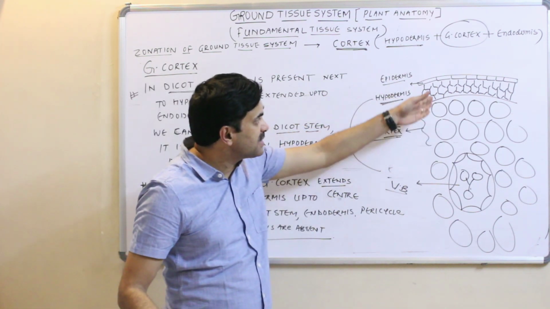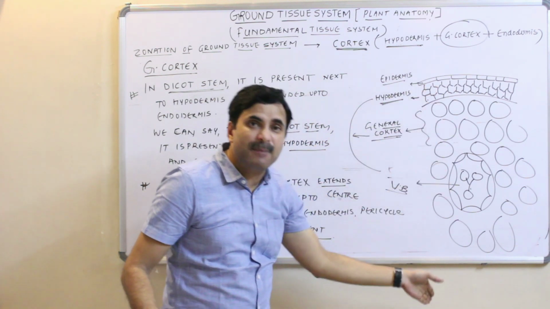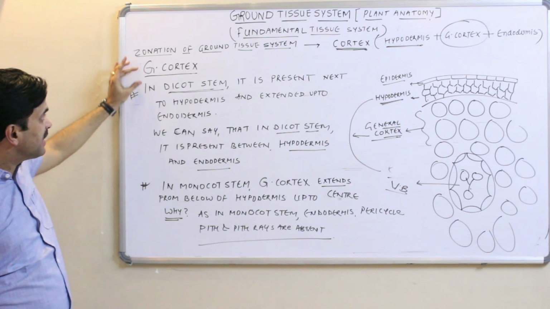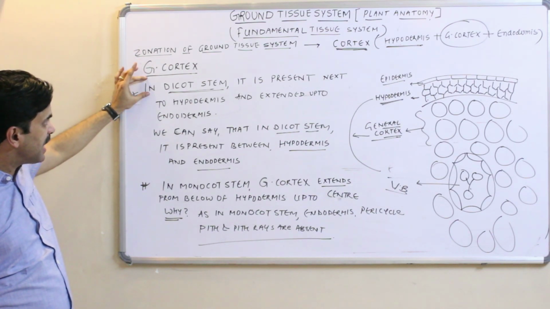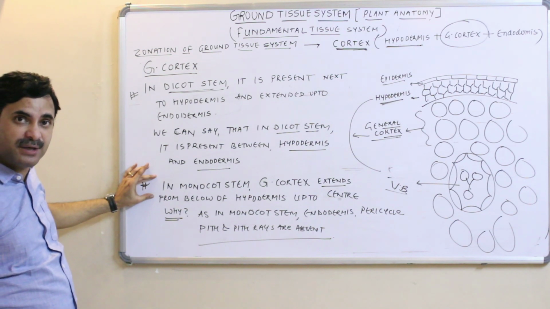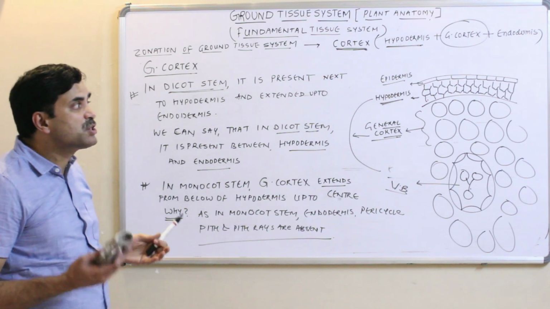So the general cortex, right from below the hypodermis, extends up to the center. So remember where general cortex is found in the dicot stem and where it is found in the monocot stem. Are you getting?